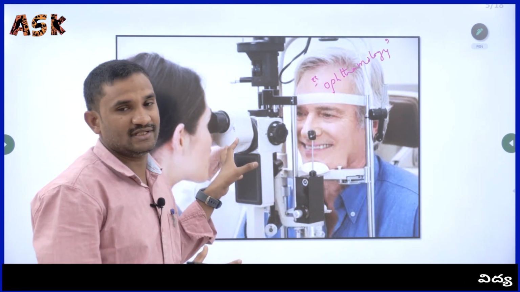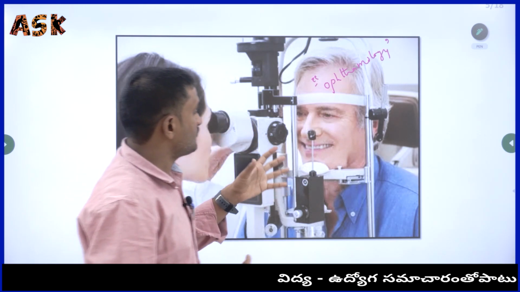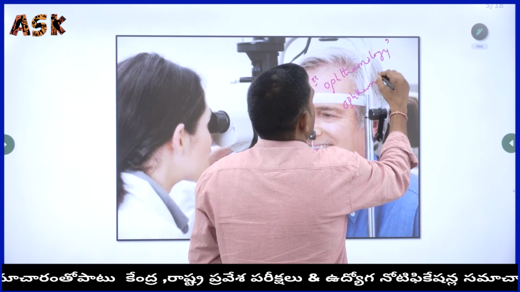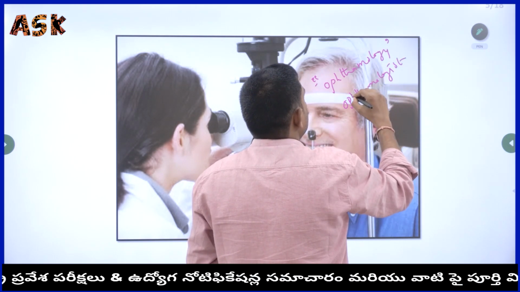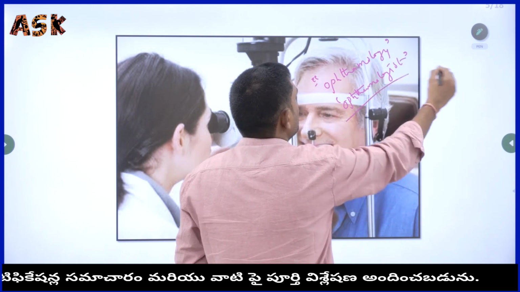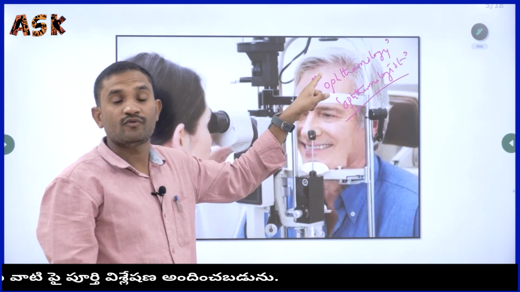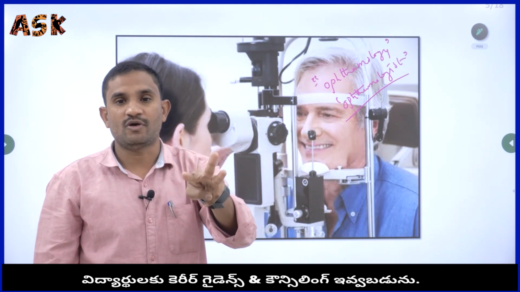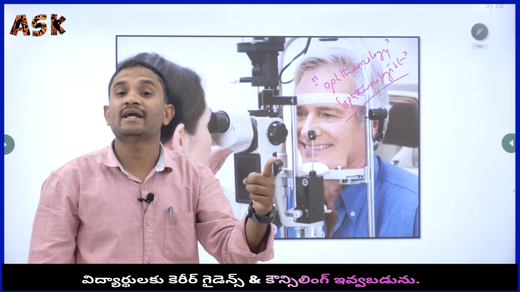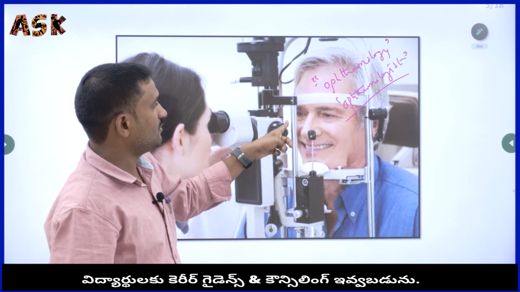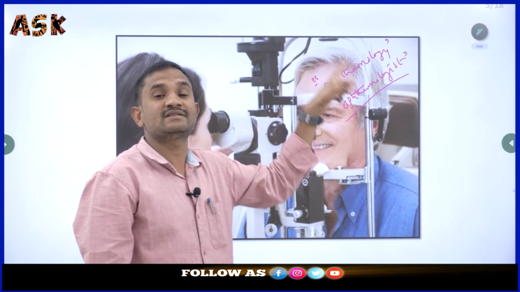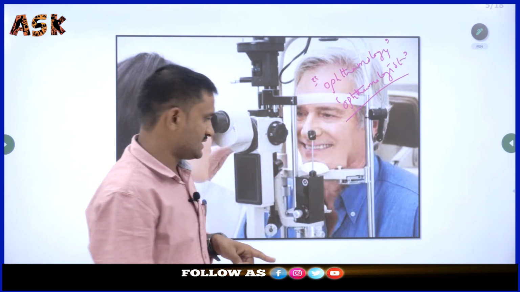Those who work as eye specialists, those persons we call ophthalmologists. Eye specialist we call what? Ophthalmologist. So we have to keep in mind: optics, ophthalmology, ophthalmologist. Light is also called optics. The study about the vision of human beings is called ophthalmology. An eye specialist is called an ophthalmologist.